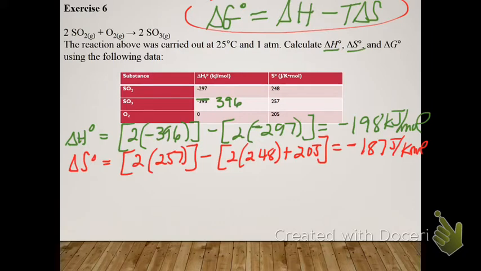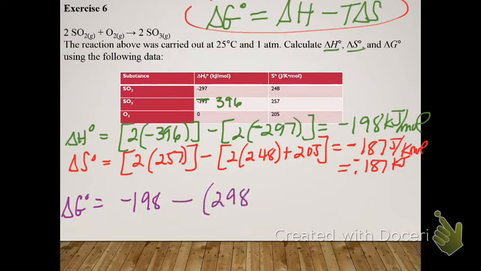So I'm going to immediately convert that to kilojoules, negative 0.187 kilojoules per mole K. So now, let's put it in. Delta G is going to be negative 198 minus 298 times a negative 0.187. And then that ultimately ends up being a negative 142 kilojoules per mole reaction.